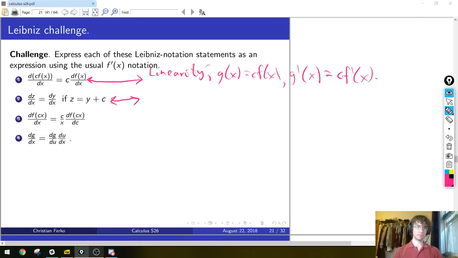What is c? Oh, I guess I should say fix some constant c in the reals.